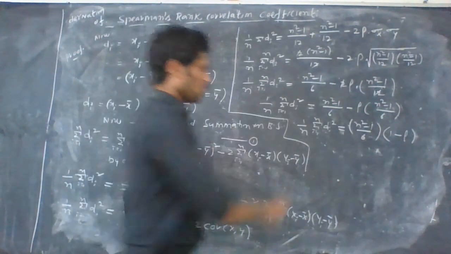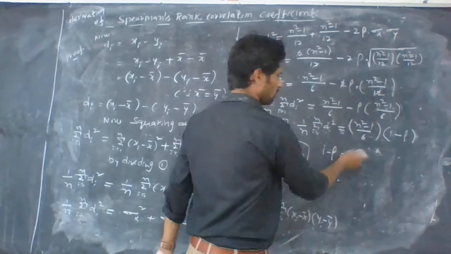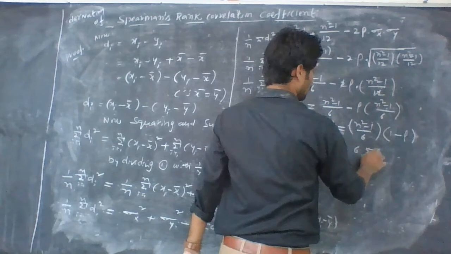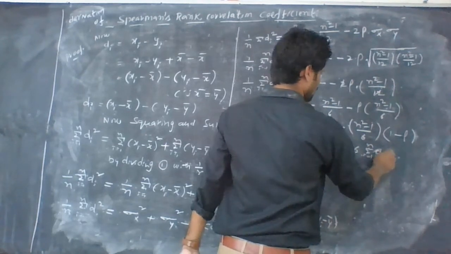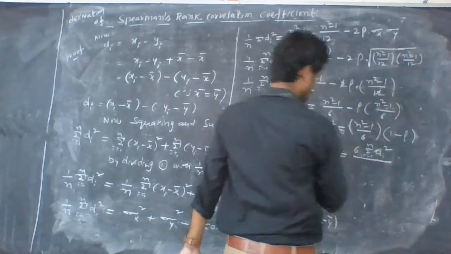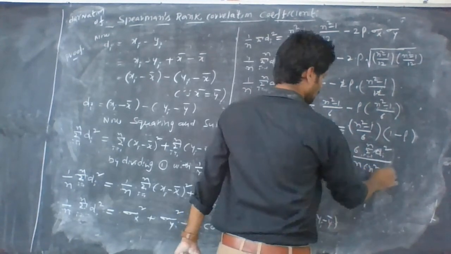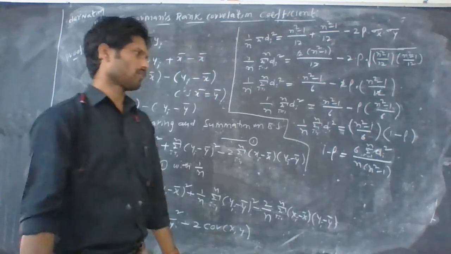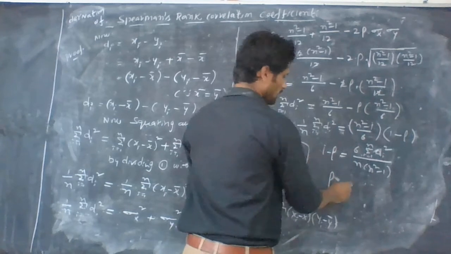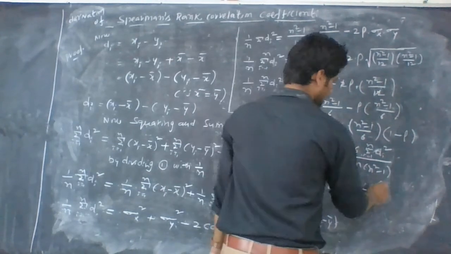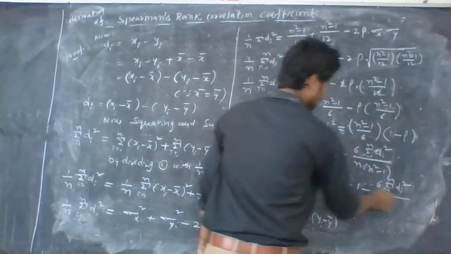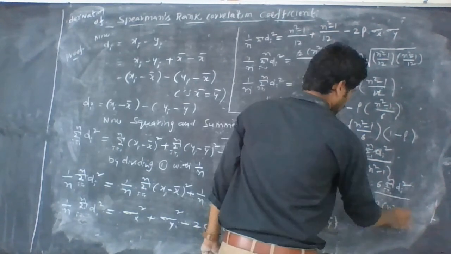So 1 minus rho is equal to, by cross multiplication, 6 into summation i equals 1 to n di square by n into (n square minus 1). So rho is equal to, changing their positions, 1 minus 6 into summation di square by n into (n square minus 1).